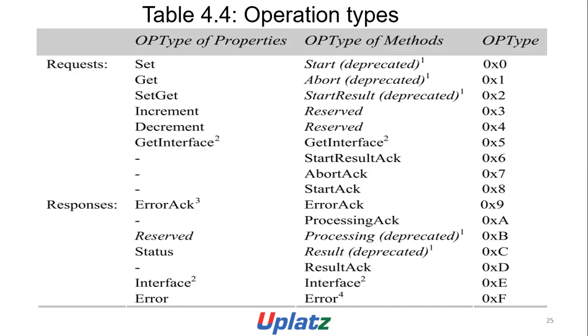OP type method: start result acknowledge 0x6; abort acknowledge 0x7; start acknowledge 0x8. Response: error acknowledge 0x9; processing acknowledge 0xC; result processing (deprecated); status; result (deprecated) 0xC; result acknowledge 0xD; interface 0xE; error 0xF.